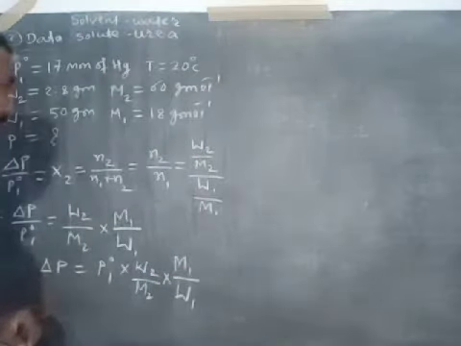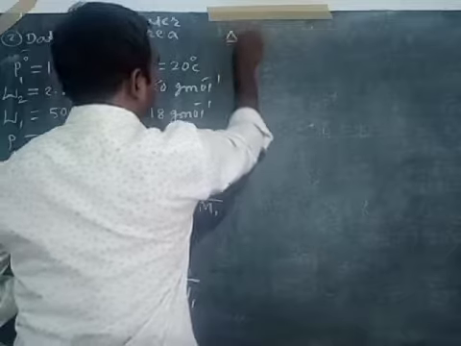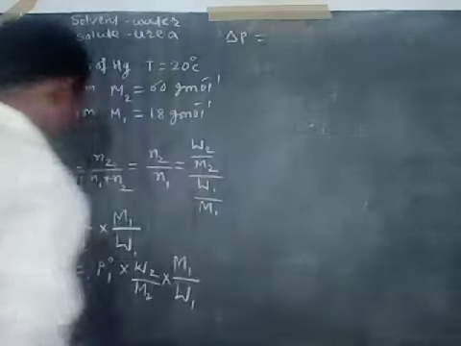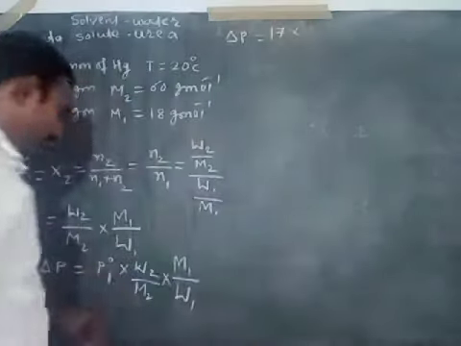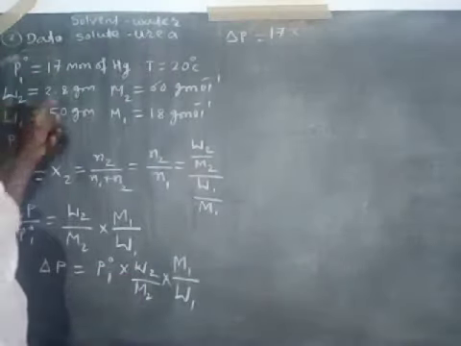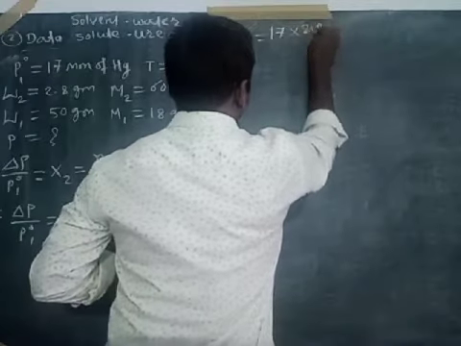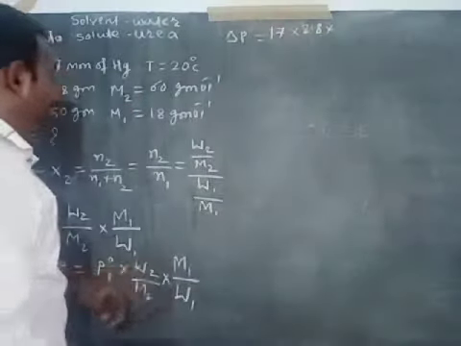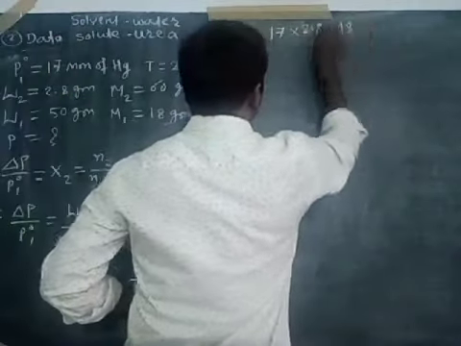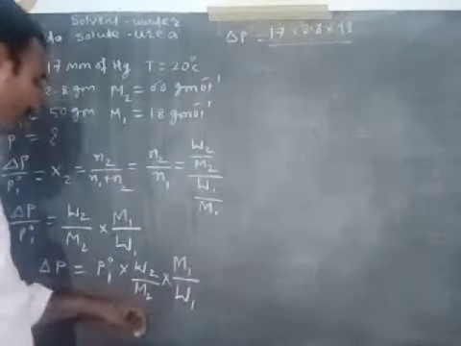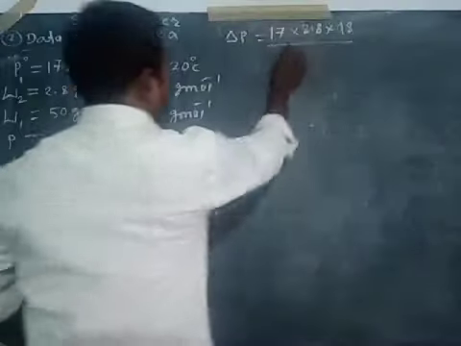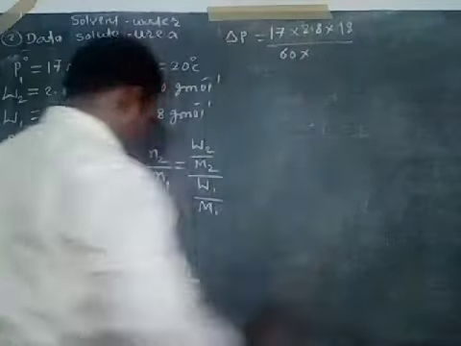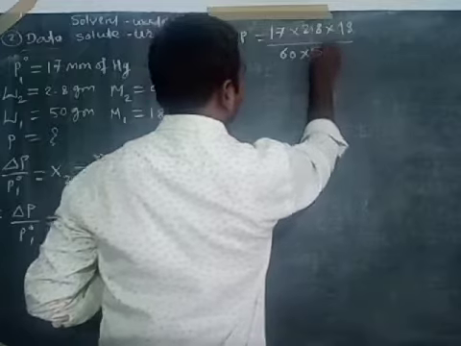Okay, now we can put the values. Delta P is equal to P01 having value 17 multiplied by W2 having 2.8, then M1 having value 18 upon M2 having value 60 and W1 having value 50.